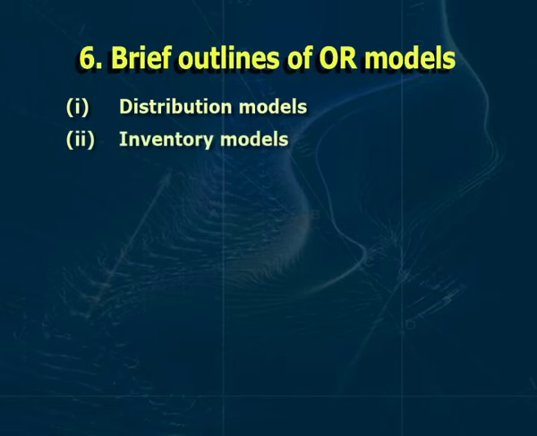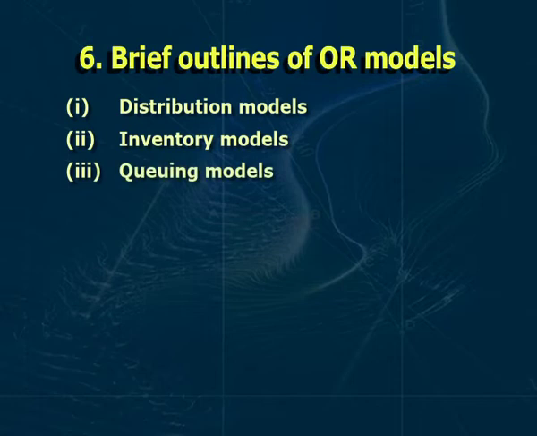Mathematical programming techniques are used to solve such models. The mathematical programming may be linear or nonlinear. Second, inventory models. These models are concerned with the determination of economic order quantity and production intervals, considering factors like demand per unit time, shortage cost, holding cost, cost of ordering, etc.